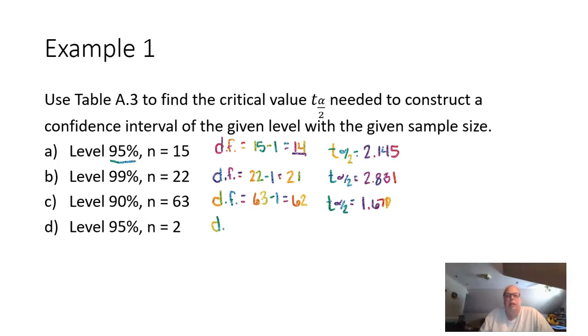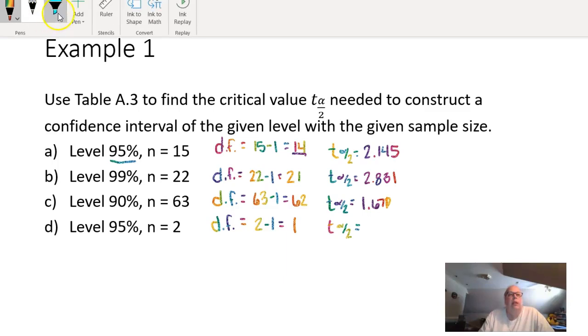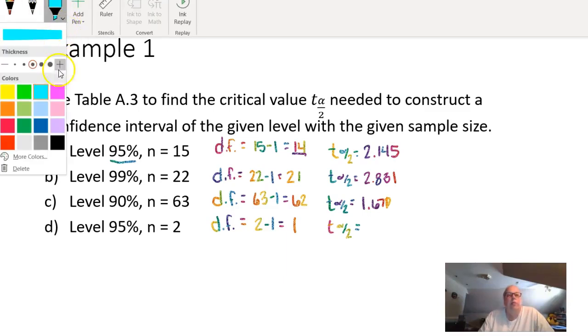Part D, we want a confidence level of 95% with n equal to 2. That means our degrees of freedom will be 2 minus 1, or 1. So we're going to be on line 1, column 95%.